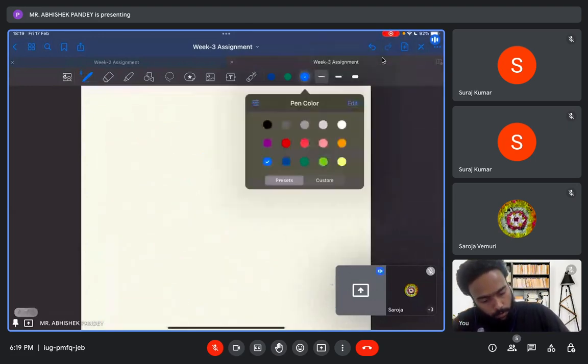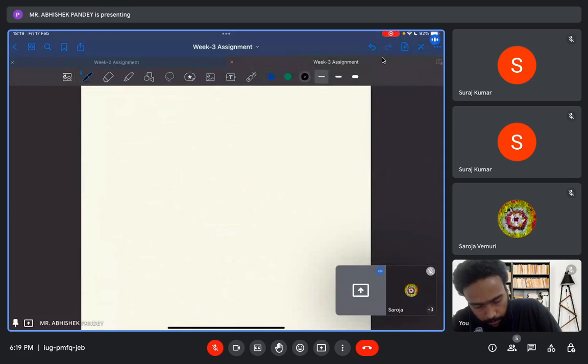Now we'll see what we mean by tangent plane. Now it is clear how we are going to define the tangent plane.